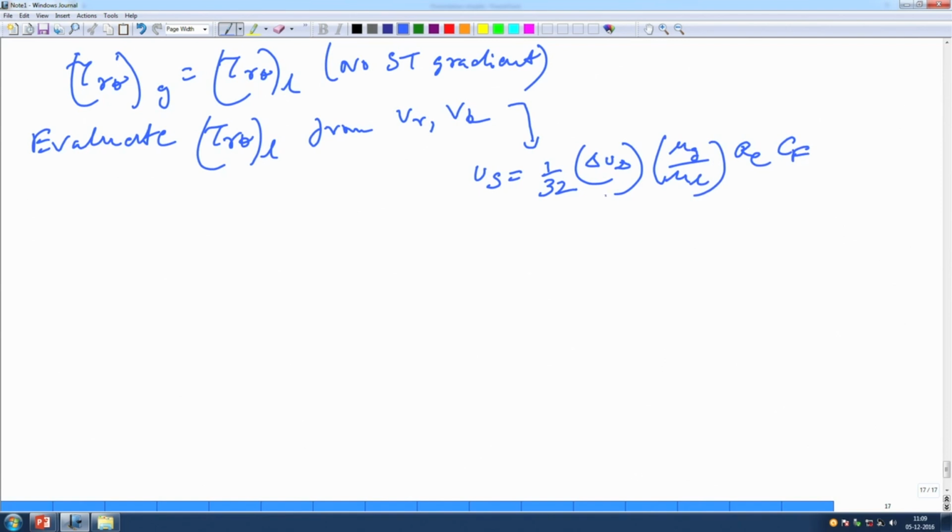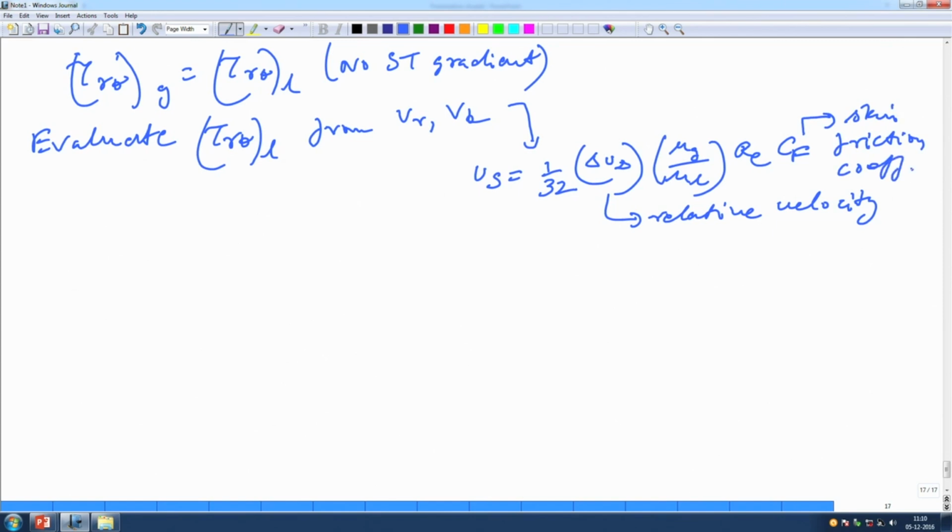Now, this is basically a relative velocity between the gas phase and the liquid phase. This is basically a skin friction coefficient, which comes from the friction, right.